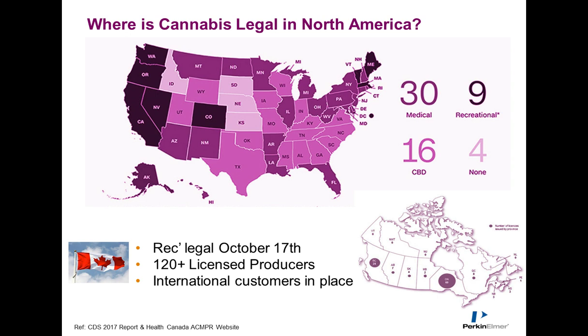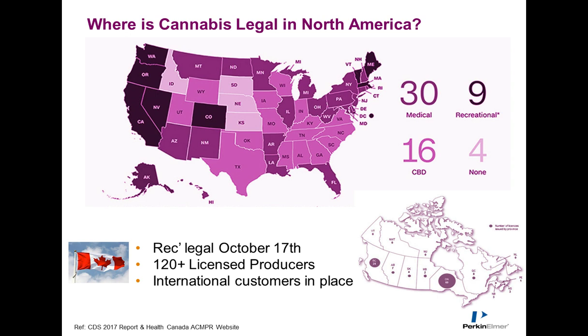But regardless of being Schedule I, we are now seeing a huge growth in the medicinal and recreational cannabis markets in the U.S. This slide shows us that over 30 states now have a medical program for cannabis, 9 have a recreational program, and 16 have a CBD or hemp program, and only 4 states have no activity.